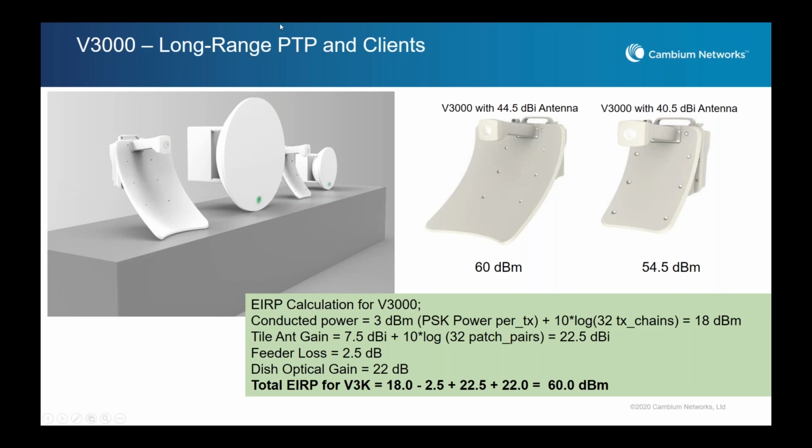And what we've actually done here is, rather than just use that single pair, we've used the whole tile and been able to focus that energy into producing a compact, high gain antenna. The V3000 is the equivalent of a 2-foot dish in a lot smaller package.